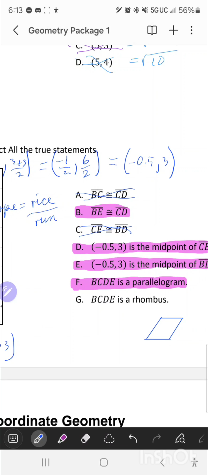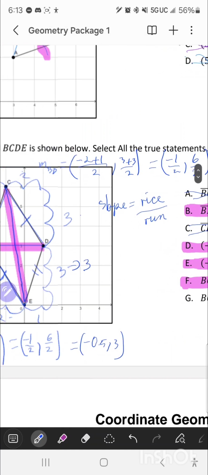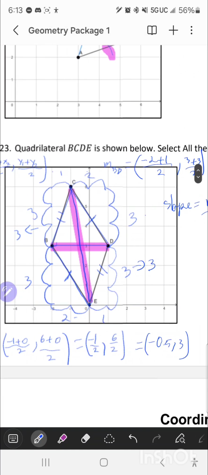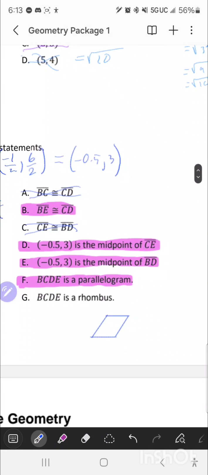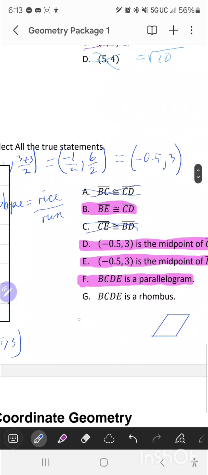The four sides are equal. One of the properties of the rhombus is that the four sides are equal.